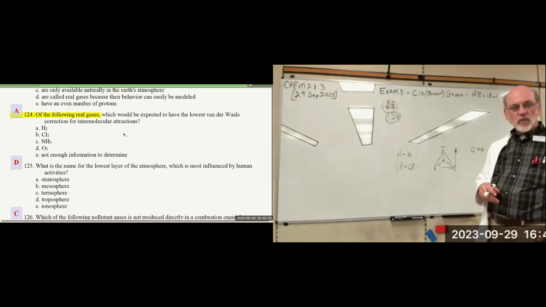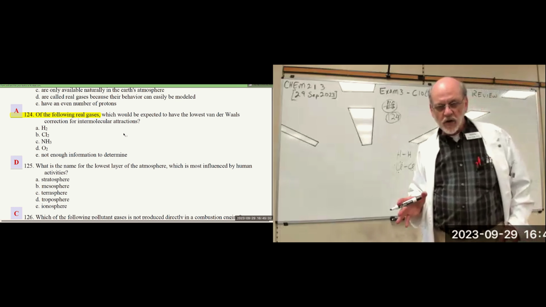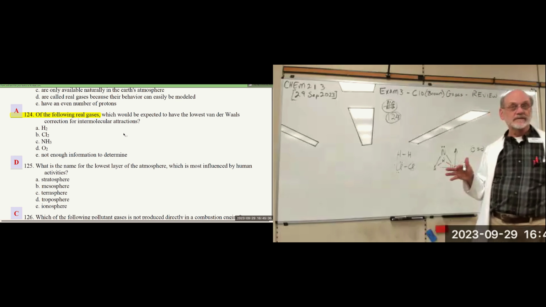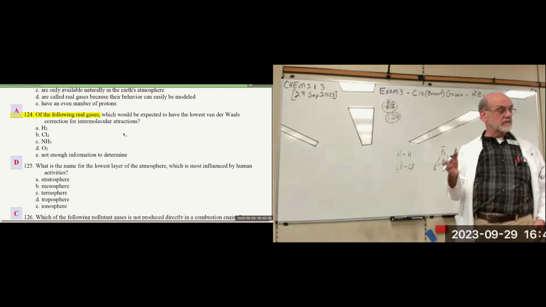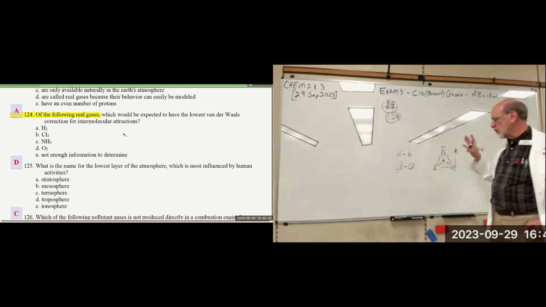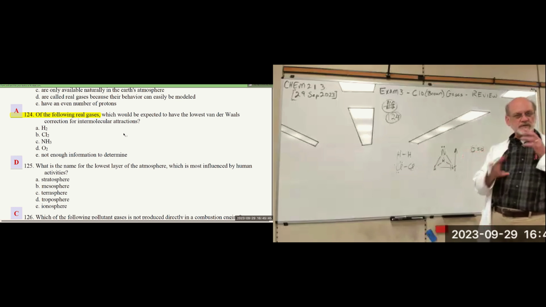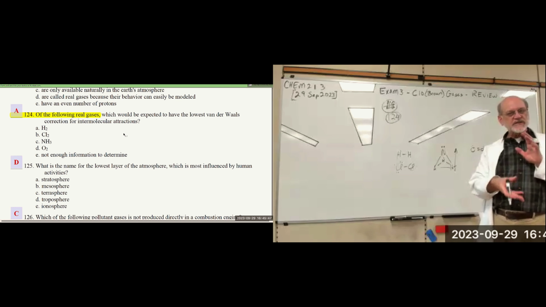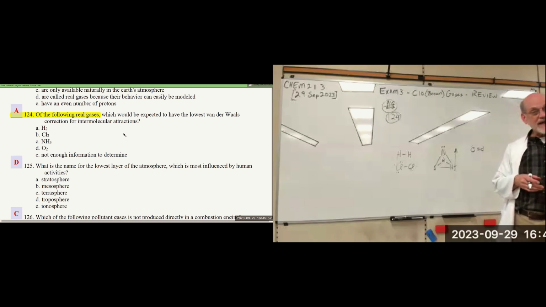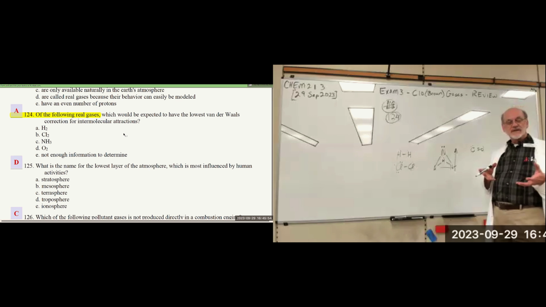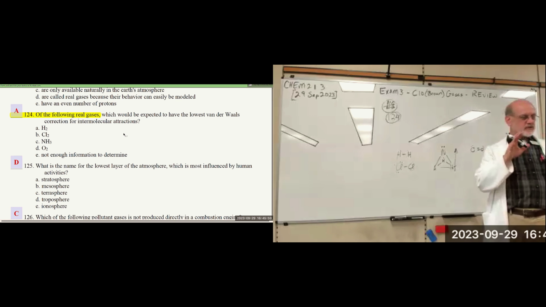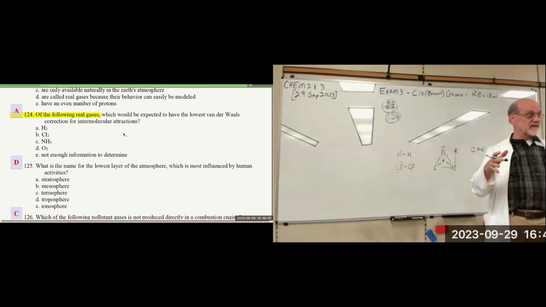Okay, so we know that the lowest van der Waals correction would not be ammonia. Right? It's polar. There's going to be a strong attraction among ammonia molecules. So what we have to do is say, with these nonpolar ones, what's the factor that influences instantaneous polarities? The primary factor is the size. The bigger ones are able to have instantaneous redistribution of electron density more easily.